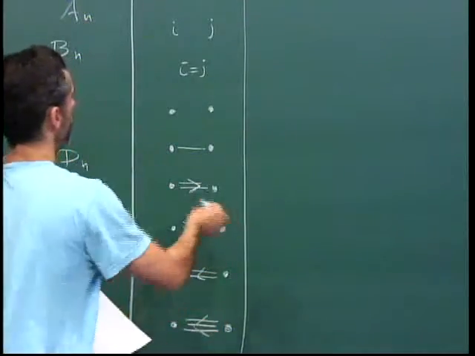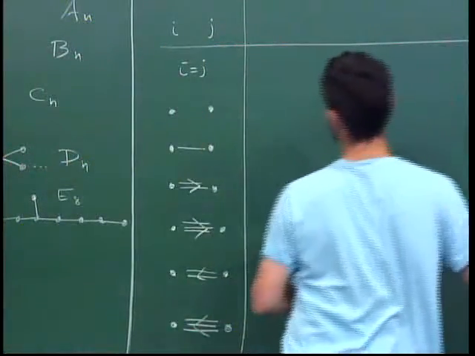And then I'll just tell you what aij and what di is in each one of these cases.